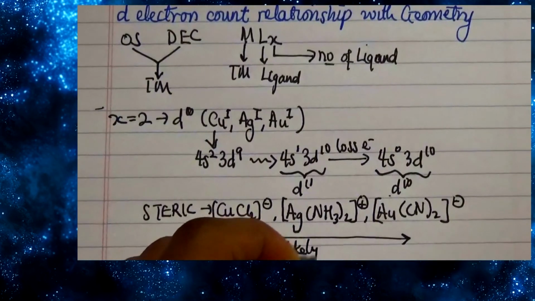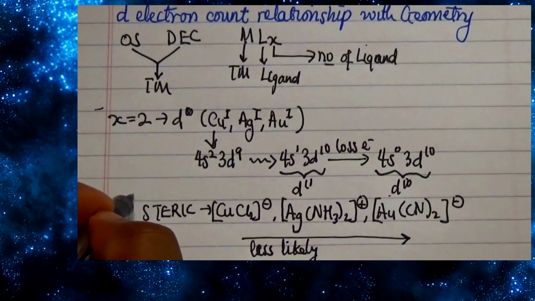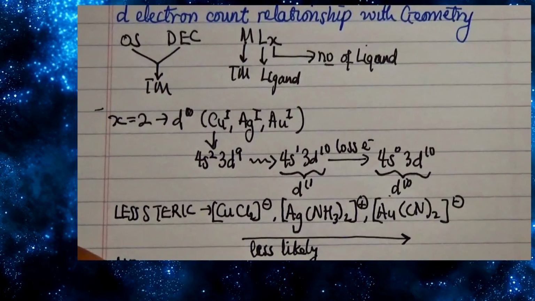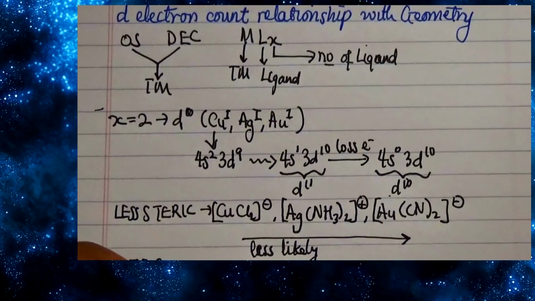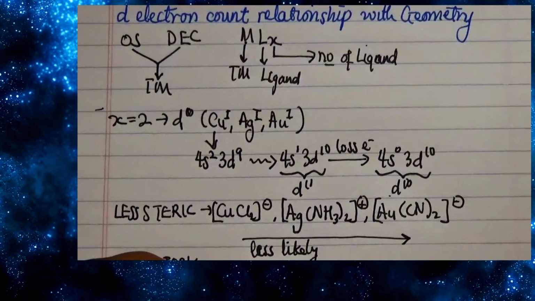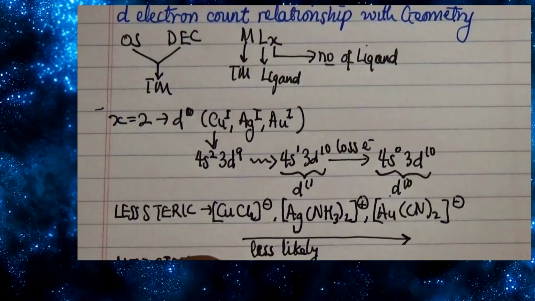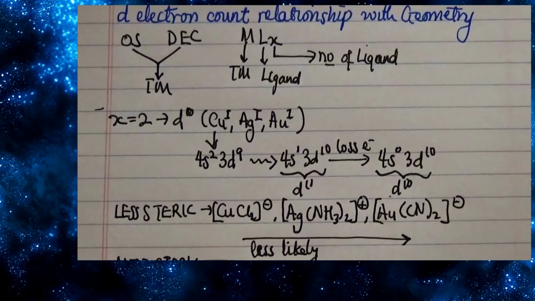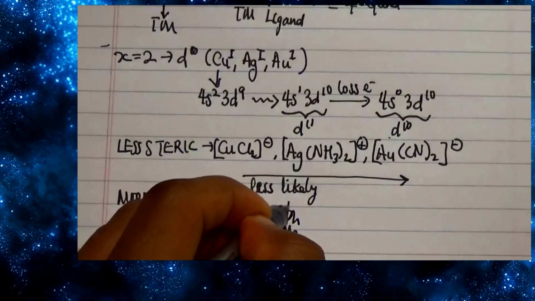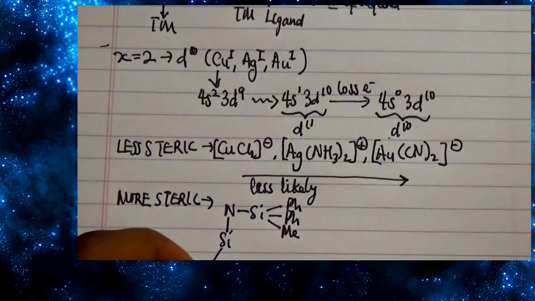So if you have less sterics on the one hand, on the other we have more sterics. For more sterically hindered ligands, we have for example nitrogen attached to silicon, and silicon is attached to three large groups, like methyl and phenyl groups, not only at this end but at this other end as well.